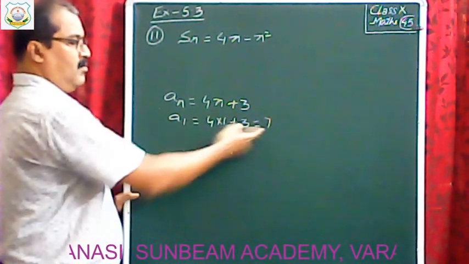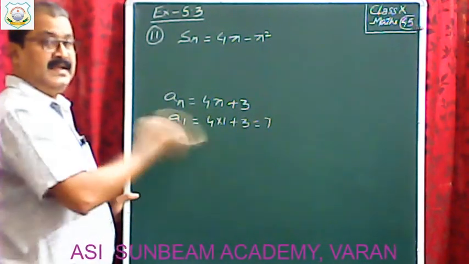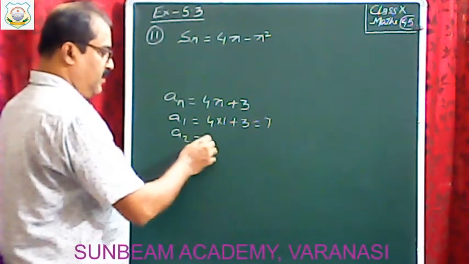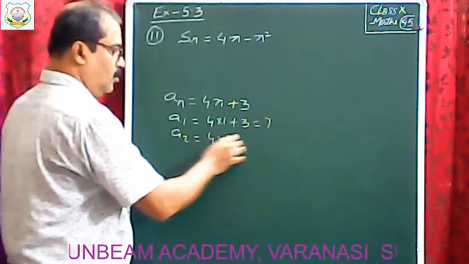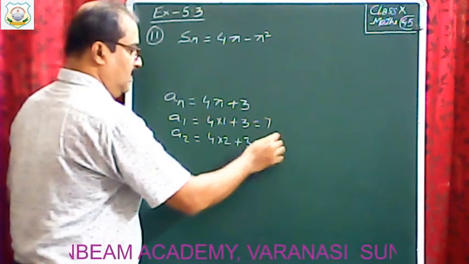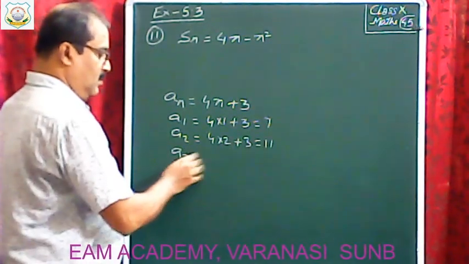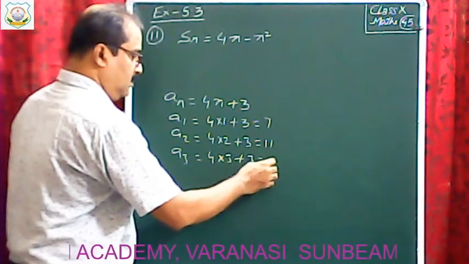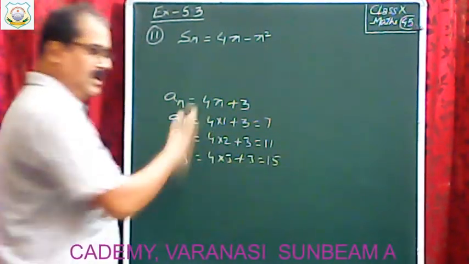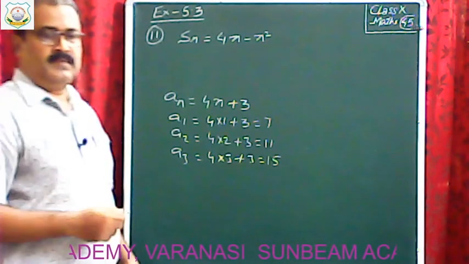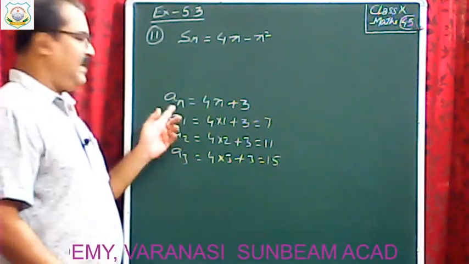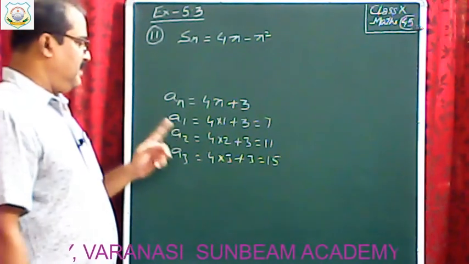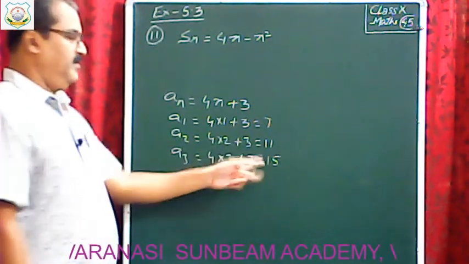So a1 equal to 7 is our first term because n is given. a2 equal to, in place of n we put 2 and calculate, we get 11. a3 equal to 4 into 3 plus 3, 12 plus 3, 15. In this way you can find the terms of the AP because we have the nth term of the AP. We get first term 7, second term 11, third term 15.